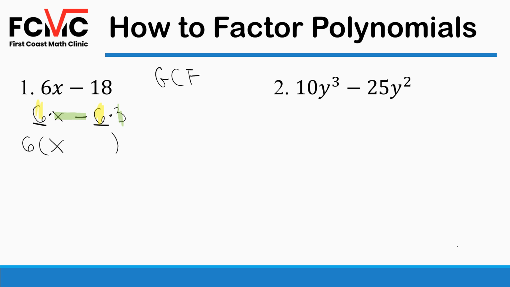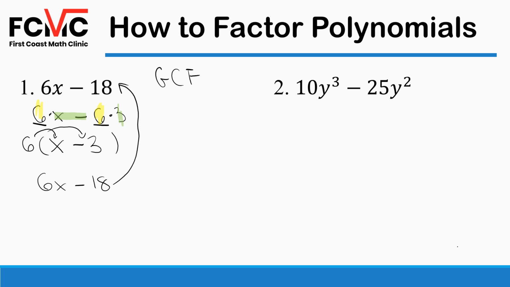If you think about the distributive property, we're basically doing the reverse of the distributive property. We're pulling out the greatest common factor. We're getting 6 times x minus 3. Now, if I were to distribute that 6 back in, I would get 6x minus 18, our original binomial here.